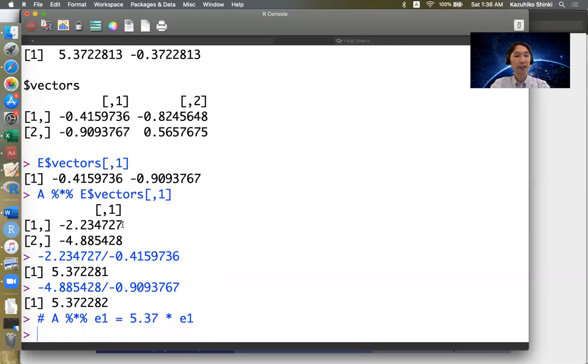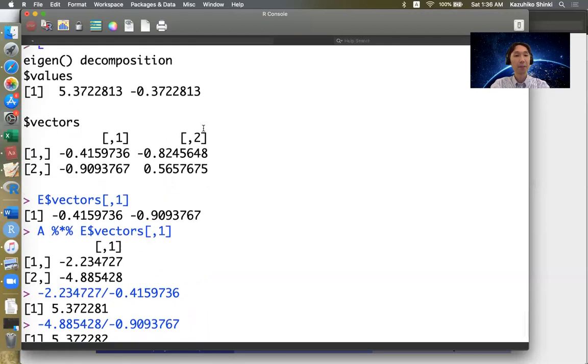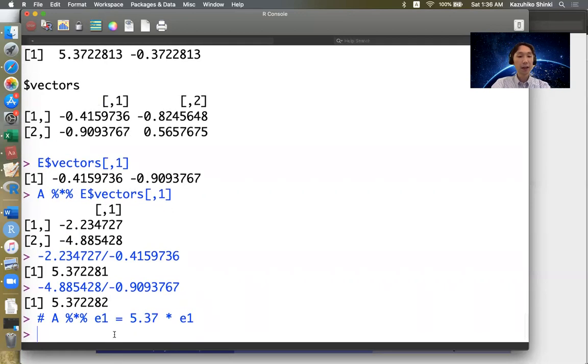You can check the other one. If you multiply A with the other column vector, then the result is negative 0.37 times this vector itself. Okay, so these are operations on matrices.